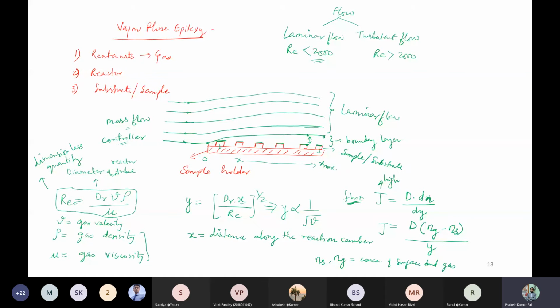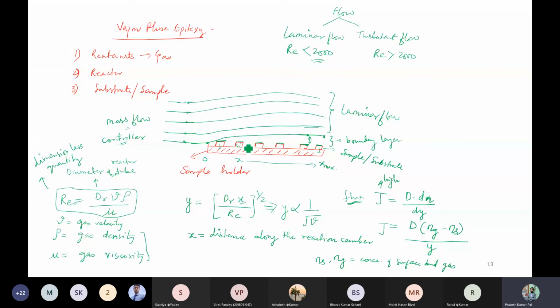The next part, once this introduction to vapor phase epitaxy is done, is one more thing: the mass flow of whatever gases we are flowing. This is deposition based on the substrate, for example on silicon we are depositing another silicon.